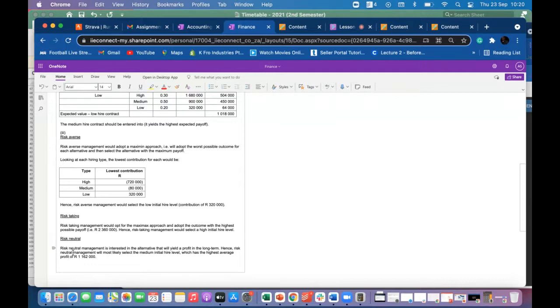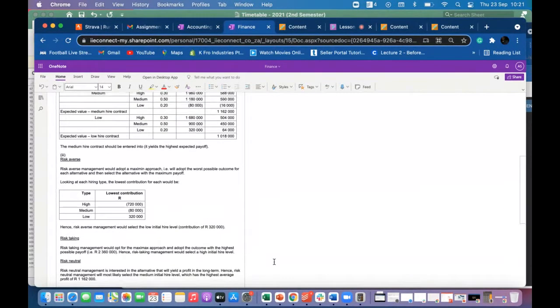Then we have risk neutral. Risk neutral management is interested in the alternative that will yield a profit in the long term. Hence, risk neutral management will most likely select the medium initial hire level, which has the highest average profit of 1,162,000.